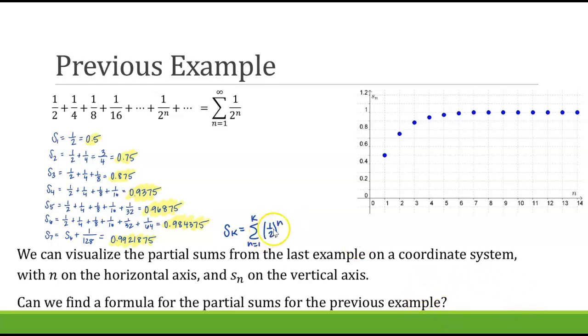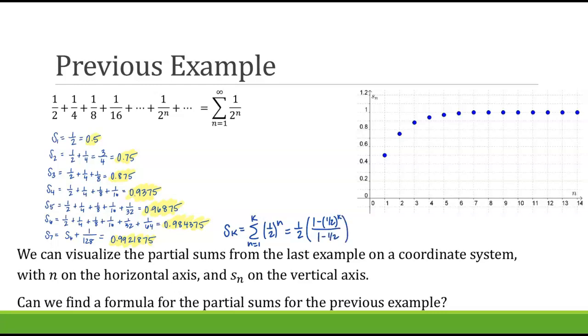I'm writing it like this so we can maybe remember from pre-calc that this is a geometric series. The formula for this was actually the first term, 1/2, times 1 minus the common ratio to the k, so 1 minus (1/2) to the k, and then all over 1 minus that common ratio again.